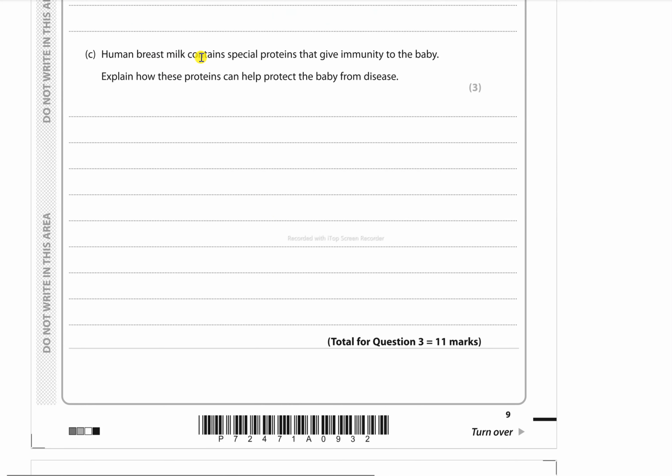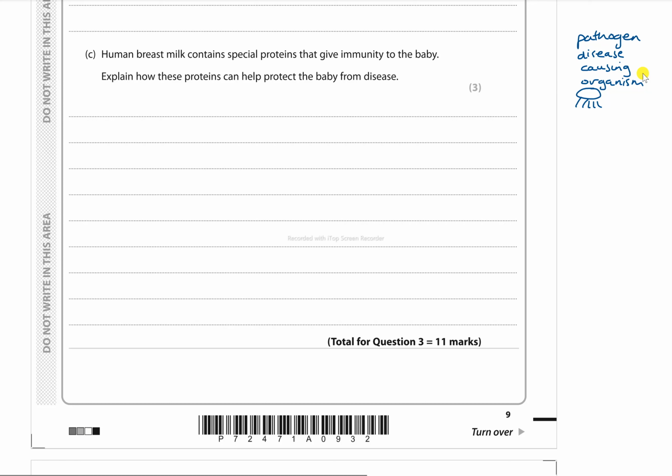Right, human breast milk contains proteins that give immunity. So these will be antibodies. How can these help the baby? So remember what we said. There's your pathogen. And what is that? That is a disease-causing organism.